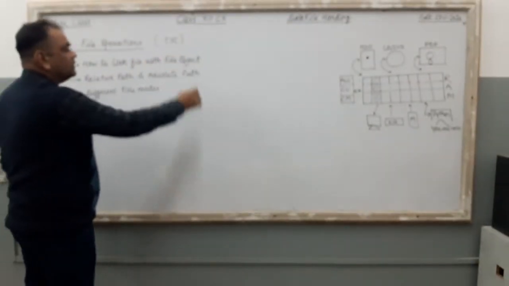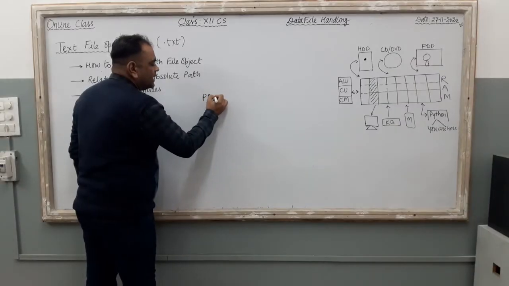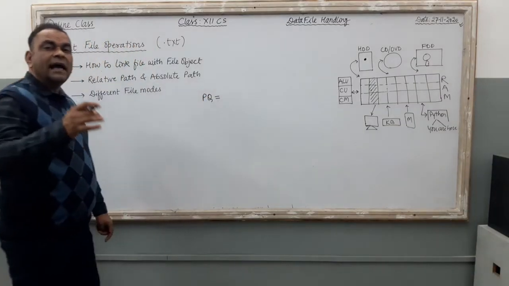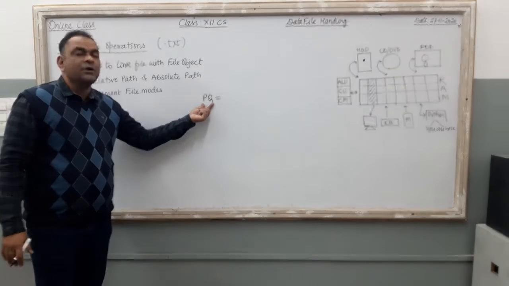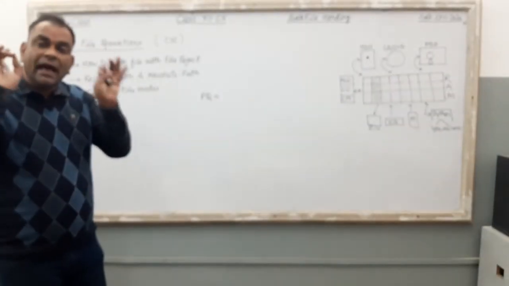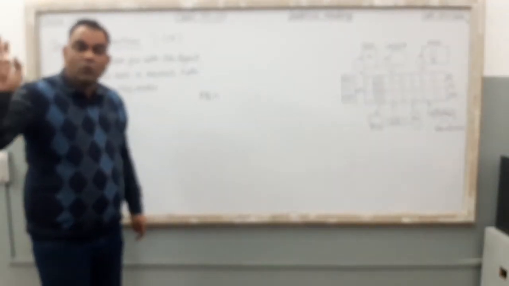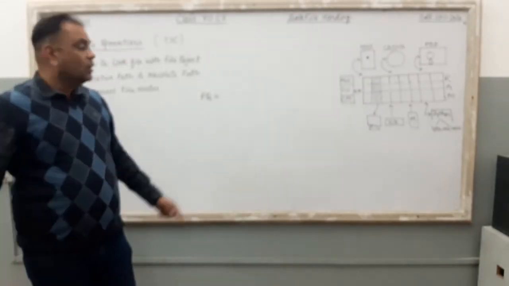Right? So, how to link file with file object? For that, the command is: very first, just create a file variable with any name. Here I wrote PQ. You can give any name according to your style, but this name should follow identifier naming rule. What is the identifier naming rule?